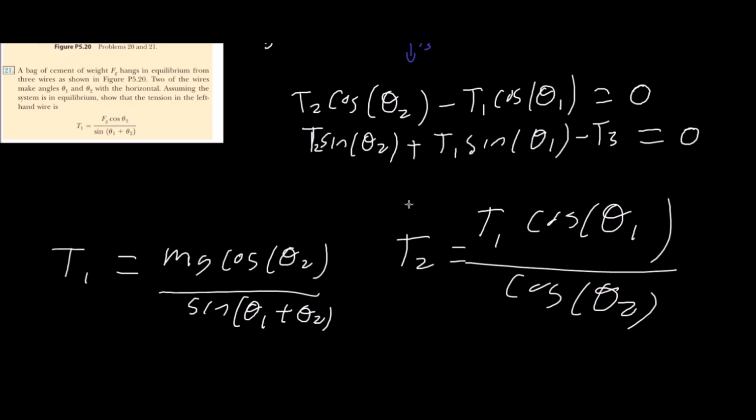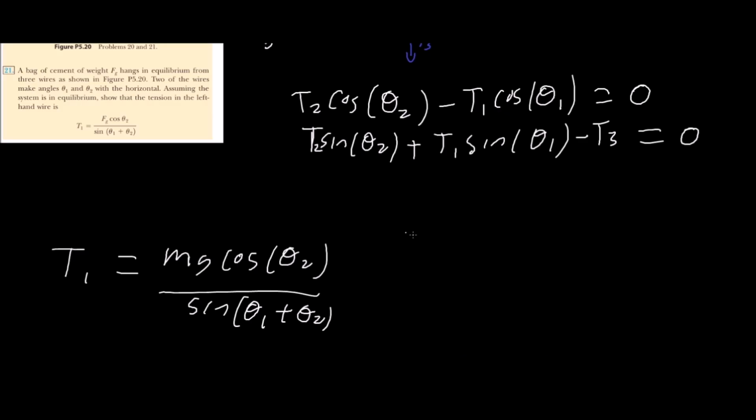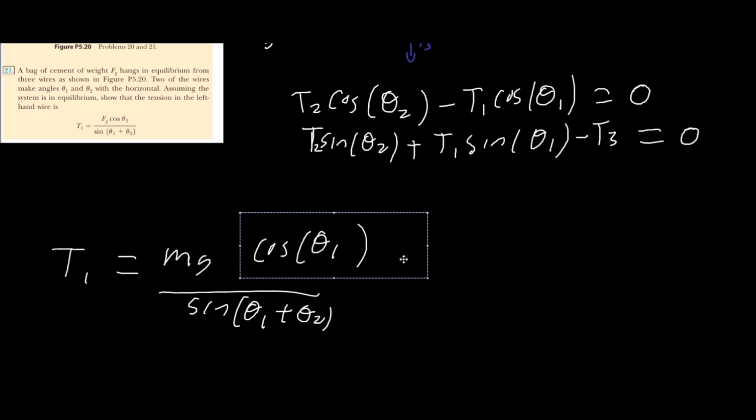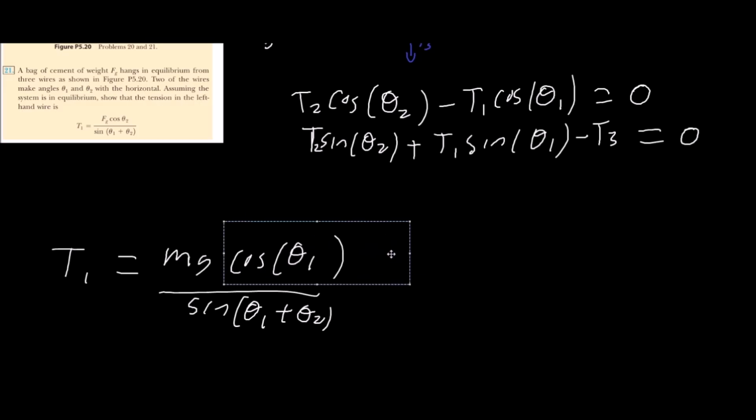So T2 is going to be T1 cosine of theta 1 over cosine of theta 2. So theta 2 cancels on this one, and you'd be left with cosine of theta 1. Oh, that's kind of cool. So they flip-flop. And that's T2.